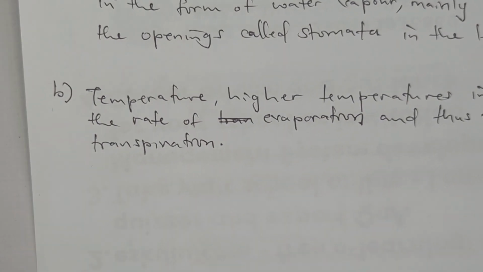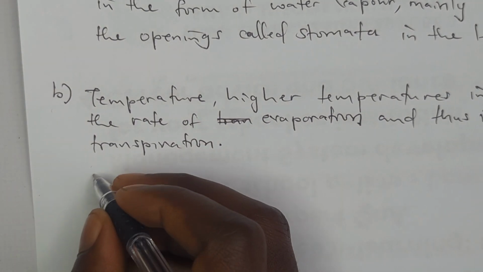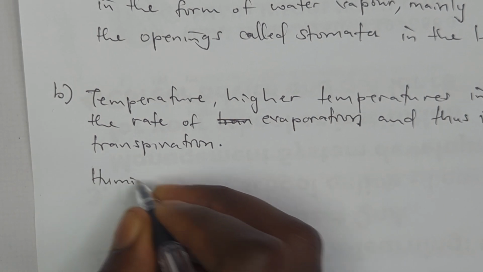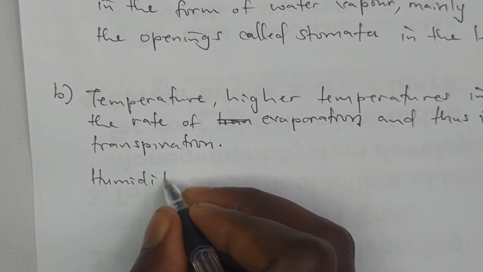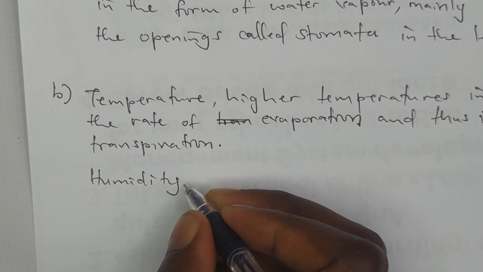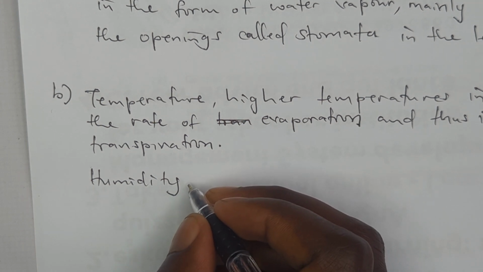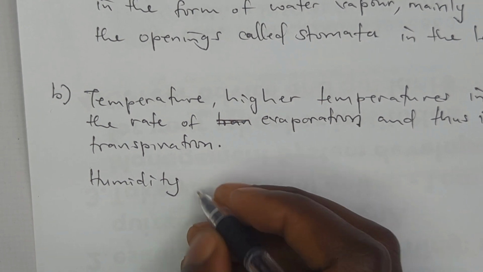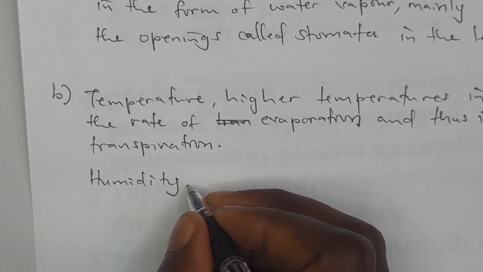Point 2, humidity. Humidity is the amount of water vapor in the atmosphere. Now, how does it affect transpiration?